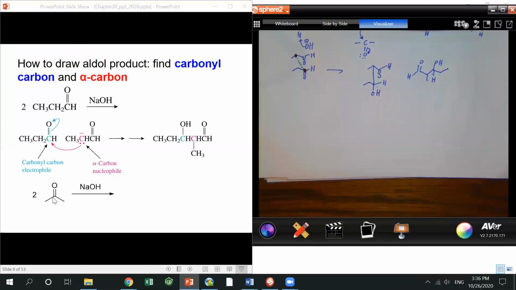For the ketone you have to use a little bit stronger base, but it indeed can work. All right, take a try. The best way to learn this chapter is a lot of practice.